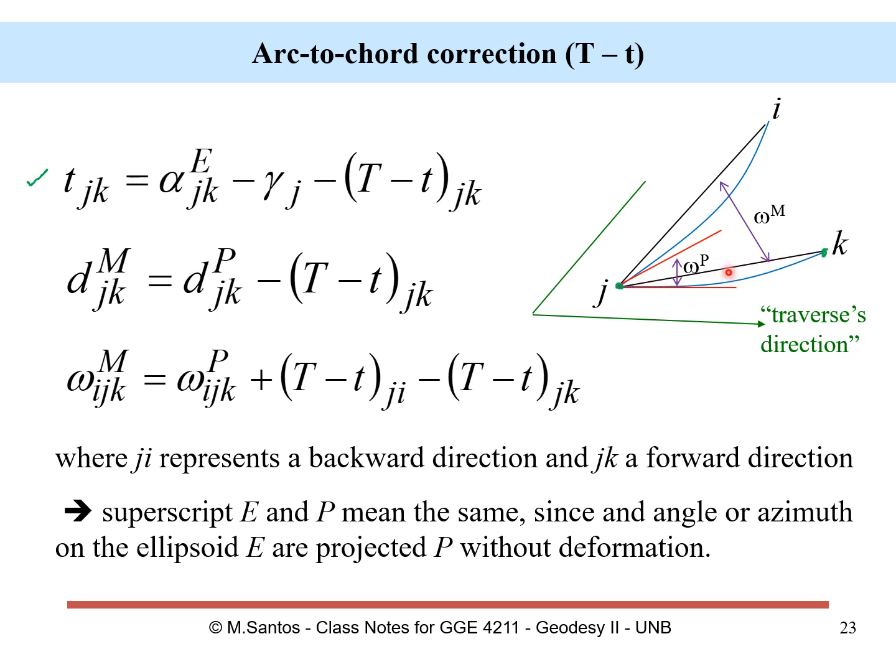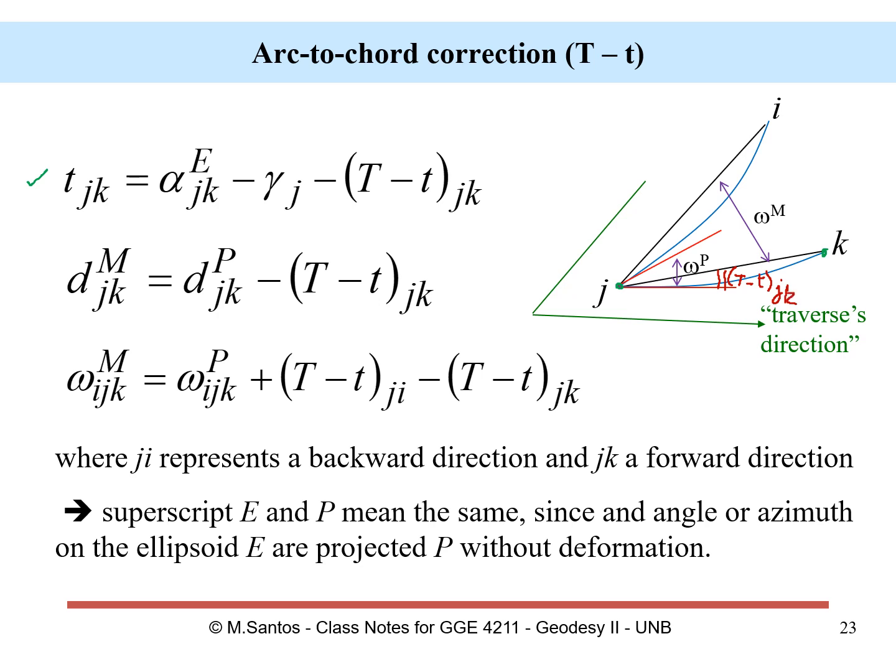So we have to correct by the T minus t correction. The direction on the mapping plane equals the direction on the reference ellipsoid, which can be the projected direction, it doesn't matter, it is the same because this is a conformal map plane, minus T minus t between J and K.